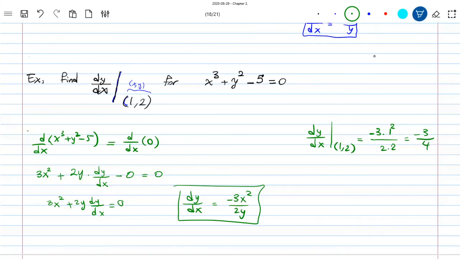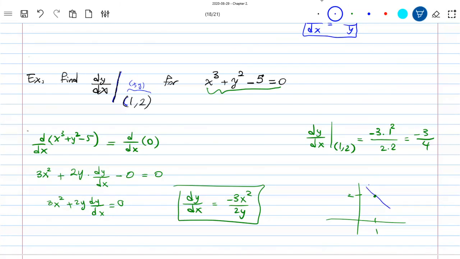So I found out for this equation, if you look at the point (1, 2), however the graph looks like, I don't really know how the graph looks like, but however it looks like, at point (1, 2) on the graph, this point belongs to the graph, the slope is negative 3 over 4.